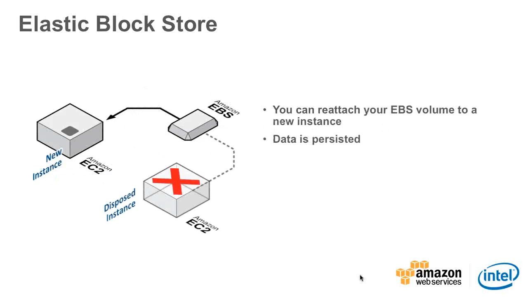You can also attach, detach, and reattach an EBS volume to any kind of new instance. Any data that you have written on this block storage will be persisted and will be available for a new instance. This is interesting if you create a virtual server and you want to design it for disaster recovery, where you want to tolerate a failure of a virtual server and flip over the data that you have persisted in your block storage to a new instance.